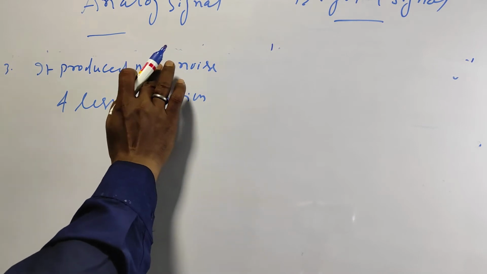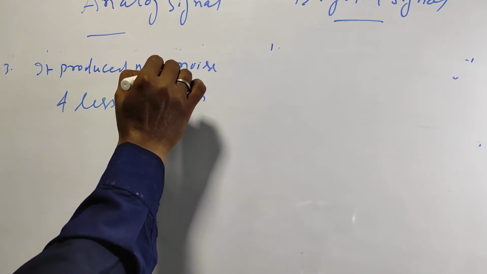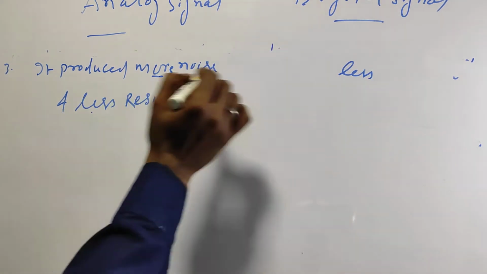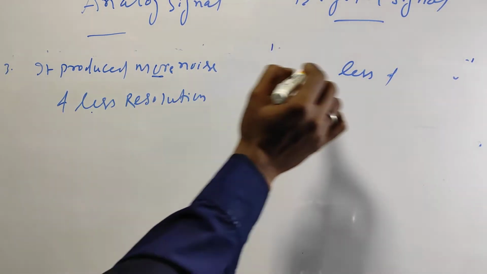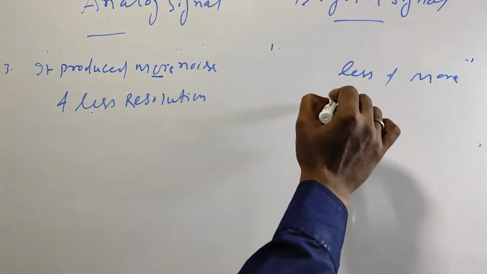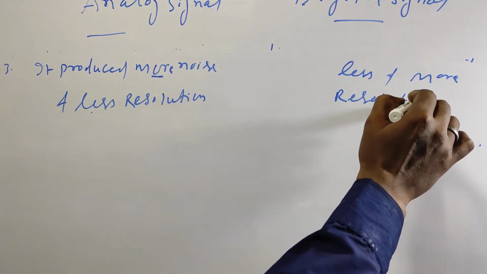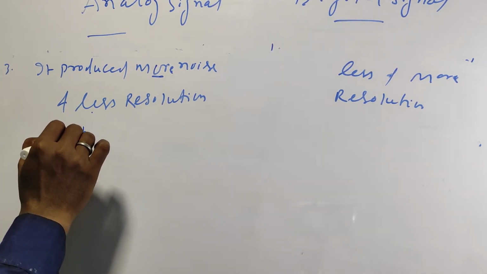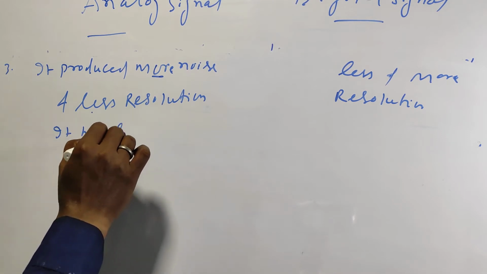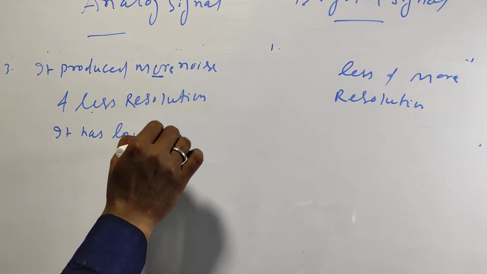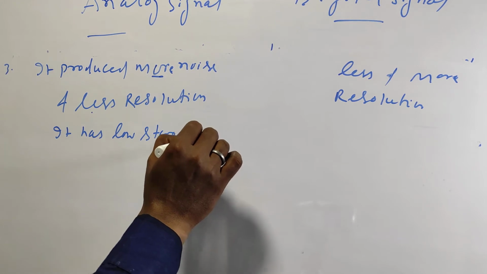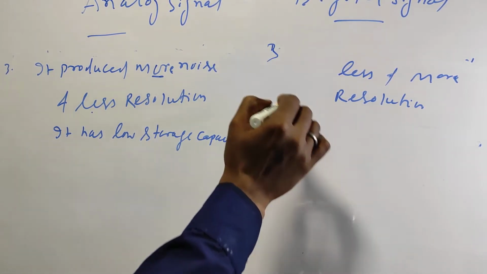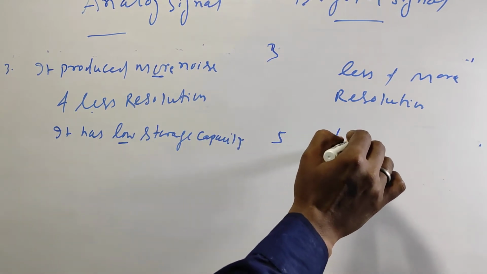In digital, there is less noise and more resolution. Analog signals have low storage capacity, and digital has high storage capacity.